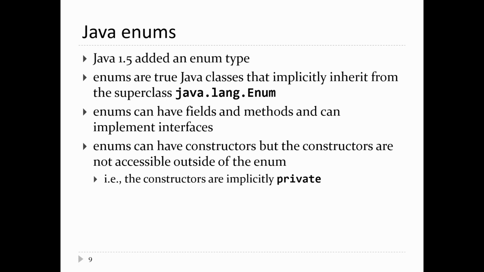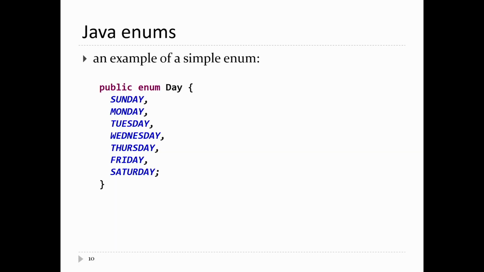Now when you write a method that takes in a day, you have to pass in a day object. You can't pass in a month object because that won't compile. And it's very easy to make these things. Instead of class, you just replace class with enum. So public enum Day declares an enumerated type called Day, and then you just list your constants using a comma-separated list.